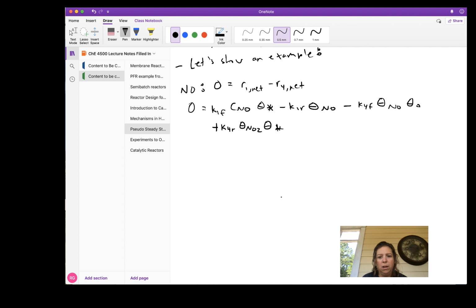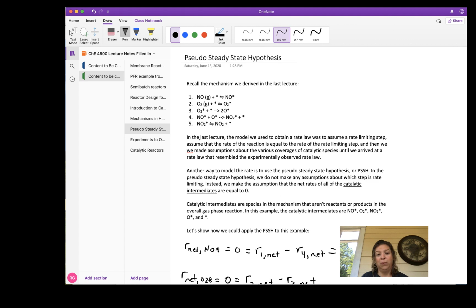The coverages would then allow us to also get a steady state rate. When we make the solution for the coverages, we're going to be able to calculate the forward and reverse rates for all of these reactions. For some of those, the forward and reverse rates are going to be almost equal to each other, so we'll end up finding that those reactions indeed are in quasi-equilibrium.